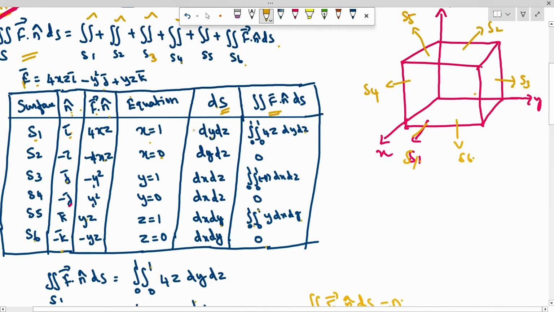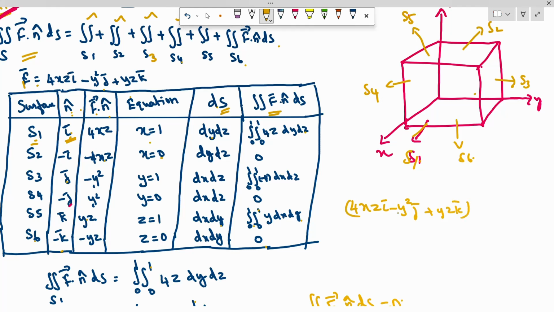First we take surface 1. Surface 1 means front side, this is S1. This one lies on the x-axis, so the unit outward normal vector is i vector, written here. And then F dot n cap. What is our F vector? 4xz i vector minus y square j vector plus yz k vector, dot n cap.